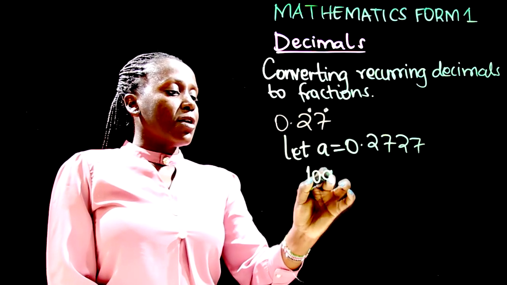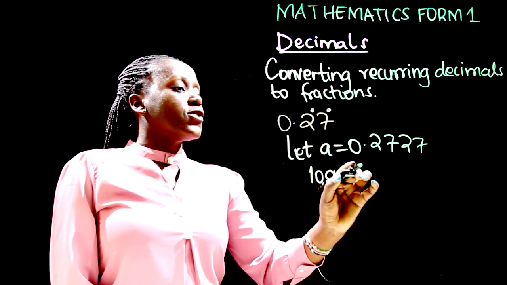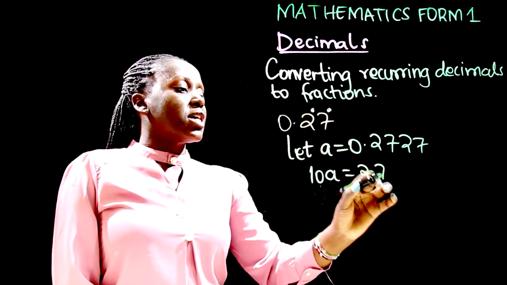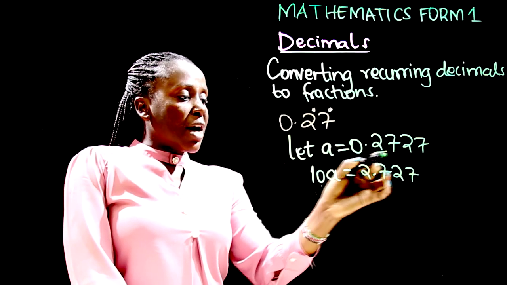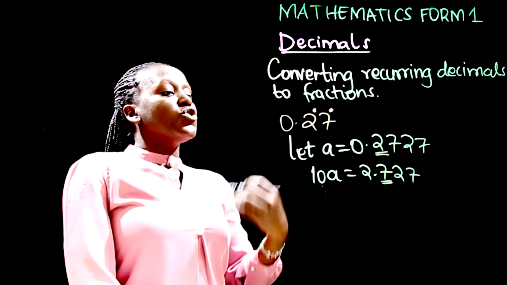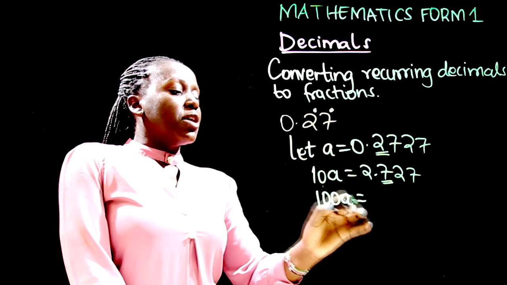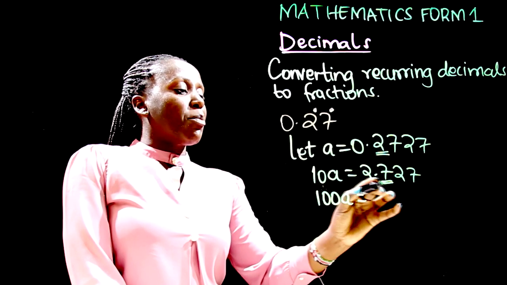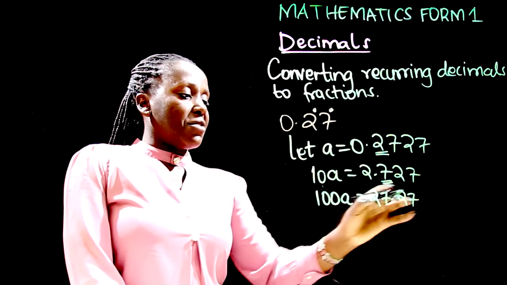So 10a will be equal to, we move the decimal point forward once. So that will be 2.727. Now, the numbers after the decimal point are not the same. So we keep going. So 100a will be equal to, we move the decimal point forward to have 27.2727.